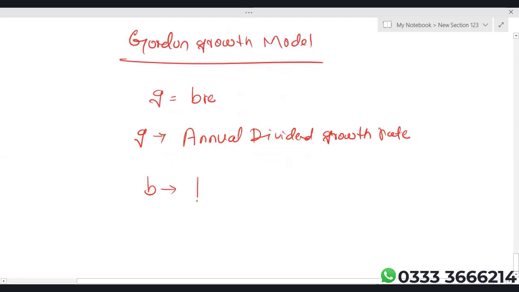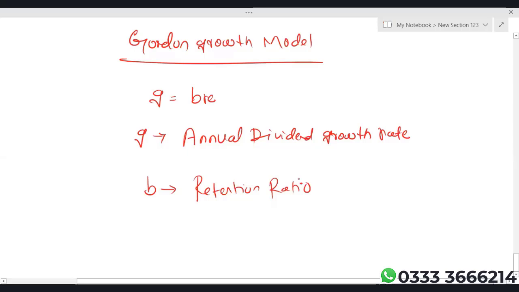B is the retention ratio. Now, what do you mean by retention ratio? Basically, if company is paying 40% dividend, it means they are retaining 60%. If company pays 30% dividend, it means they retain 70%.